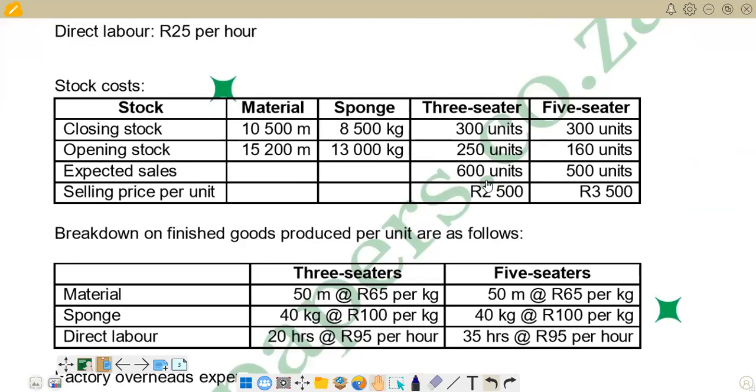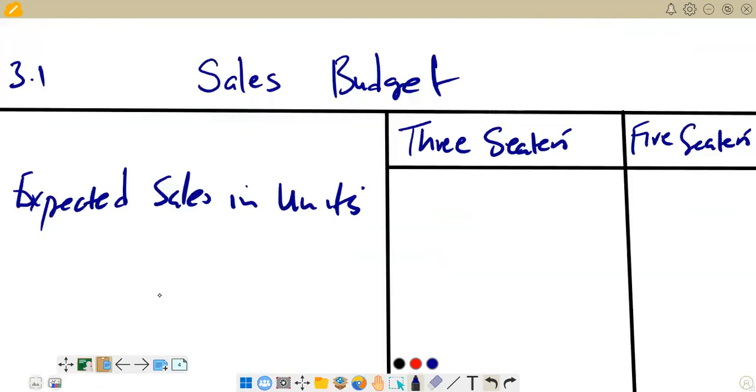For 3-seaters, we've got expected sales of 600 units. The 5-seater, we've got 500 units. So these are the figures that we are looking for, 600 and 500. We can go back to enter those figures. We have 600 here, and then here we've got 500.